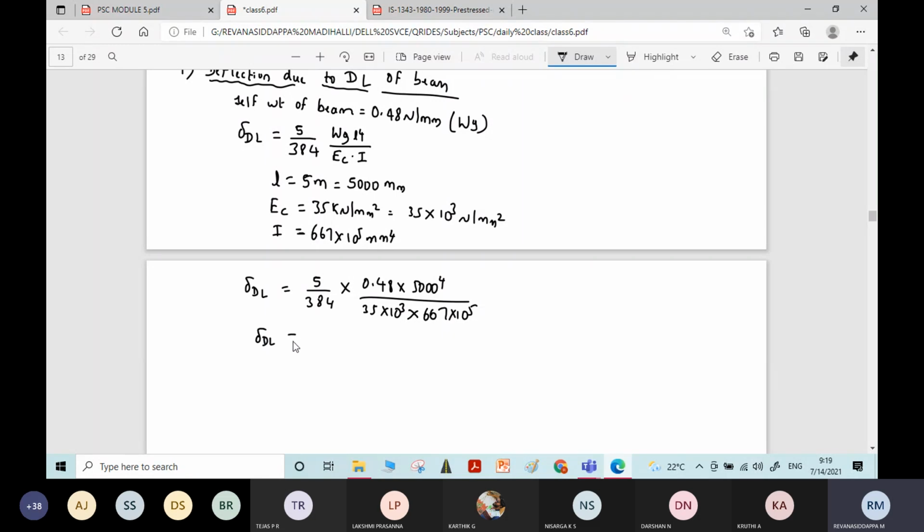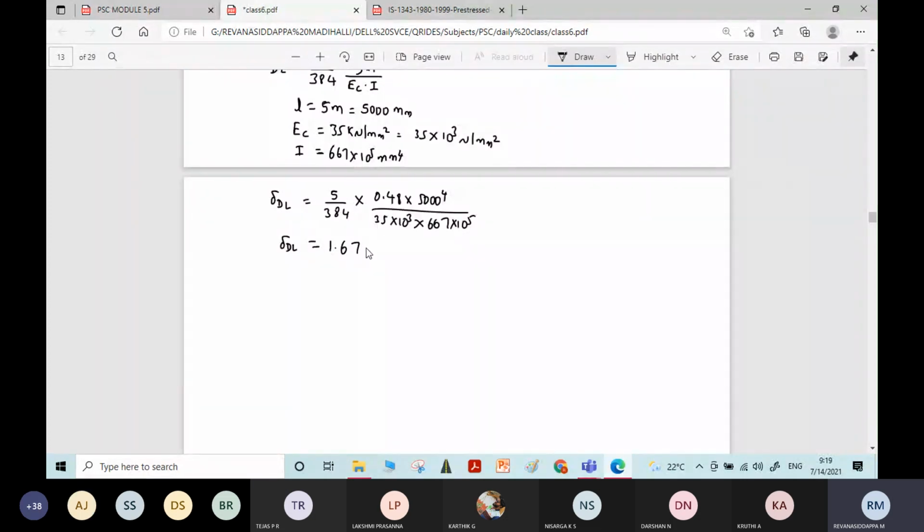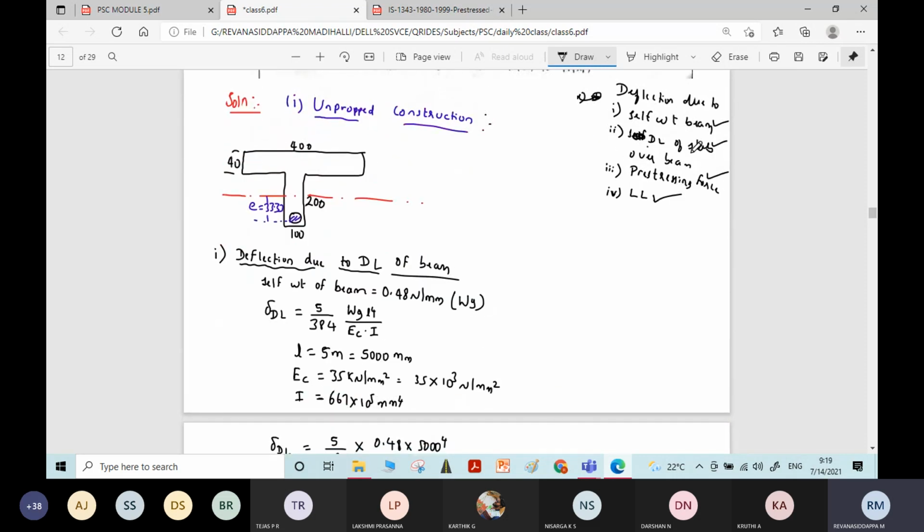Tell me the answer. 1.67 mm. It will be in the downward direction, because the dead load acts along the direction of gravity. Deflection due to dead load of the beam we have determined.